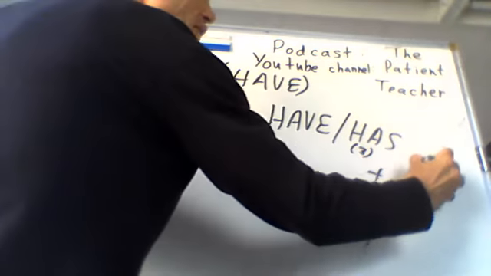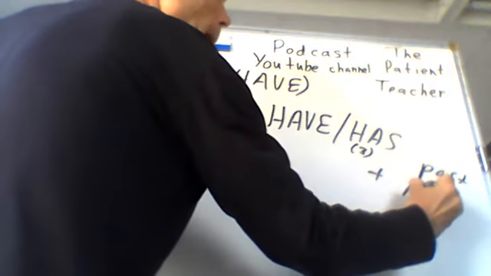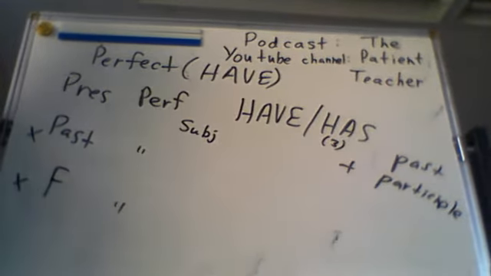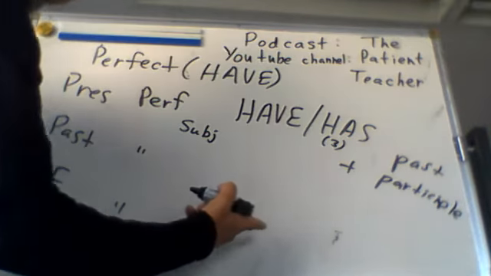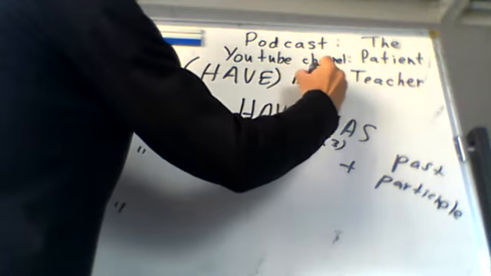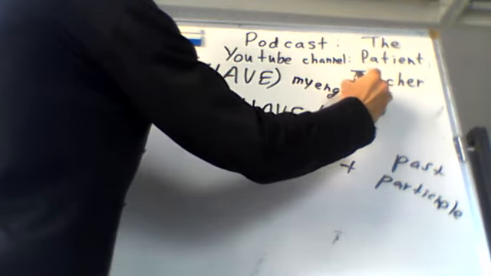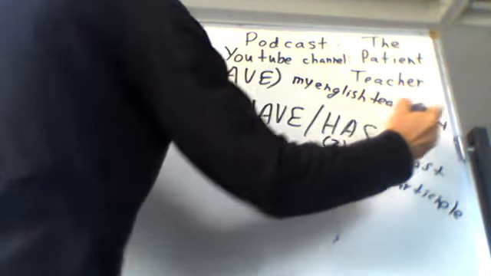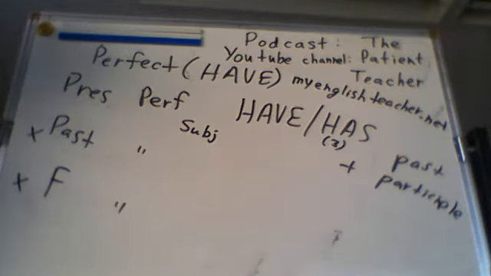And then what we have is called the past participle. And these can be harder to learn, so there's a website where I'll put in the link. There's a website called My English Teacher. I think it's .net, and you can find all the past participles, okay?